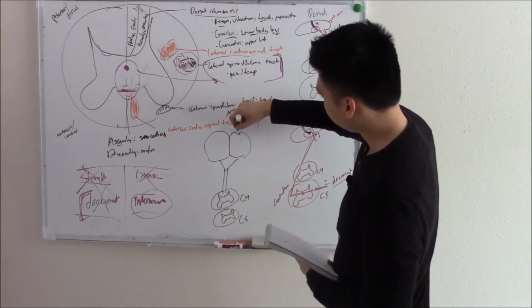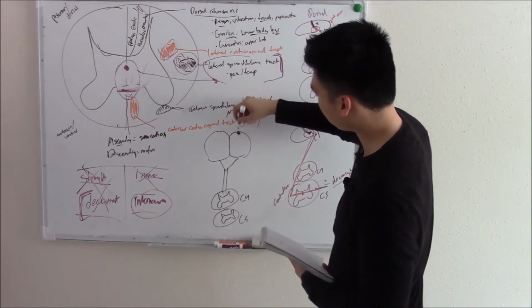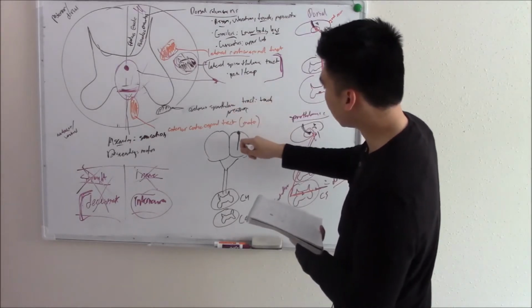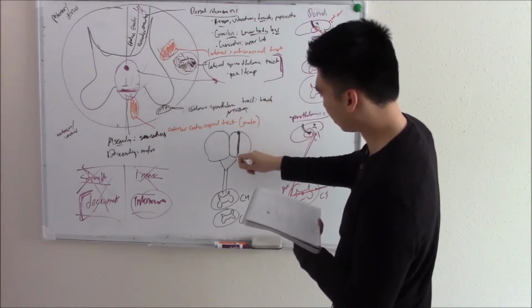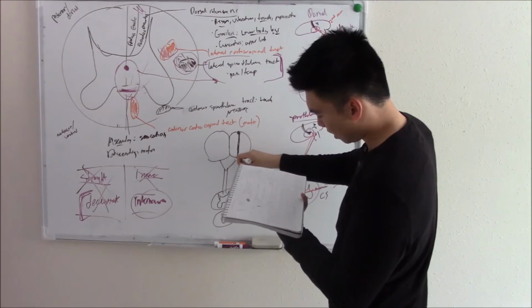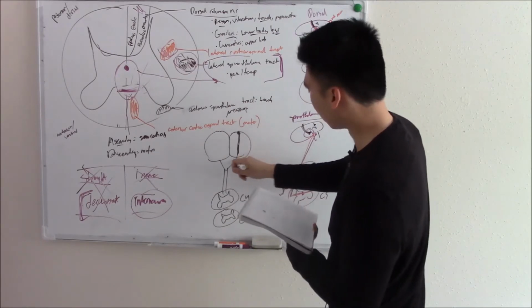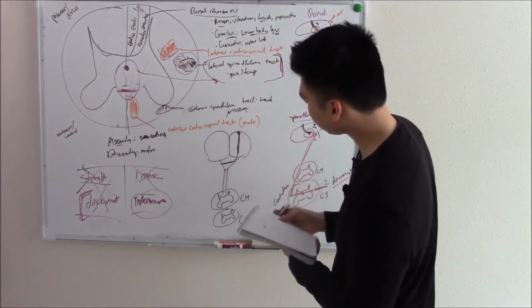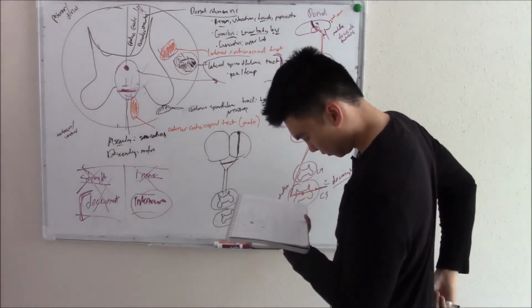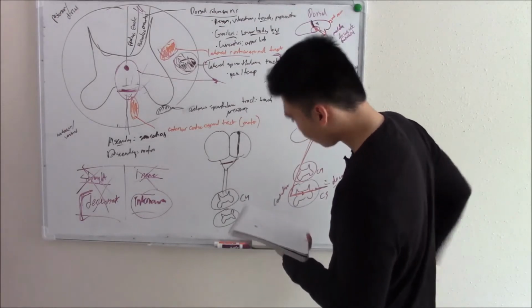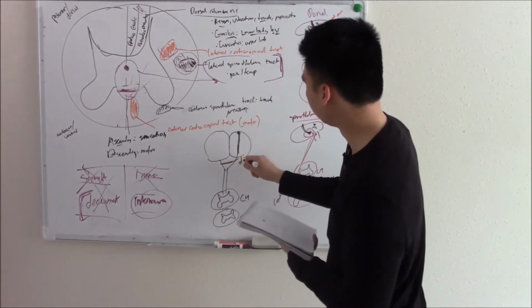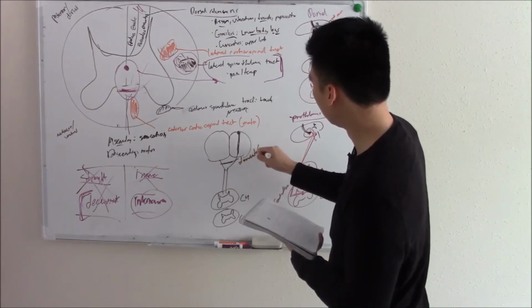It will get the signal from your motor cortex. And that signal will descend down your internal capsule where it hits your medulla. And from your medulla, it will cross over. So, decussate, medulla.